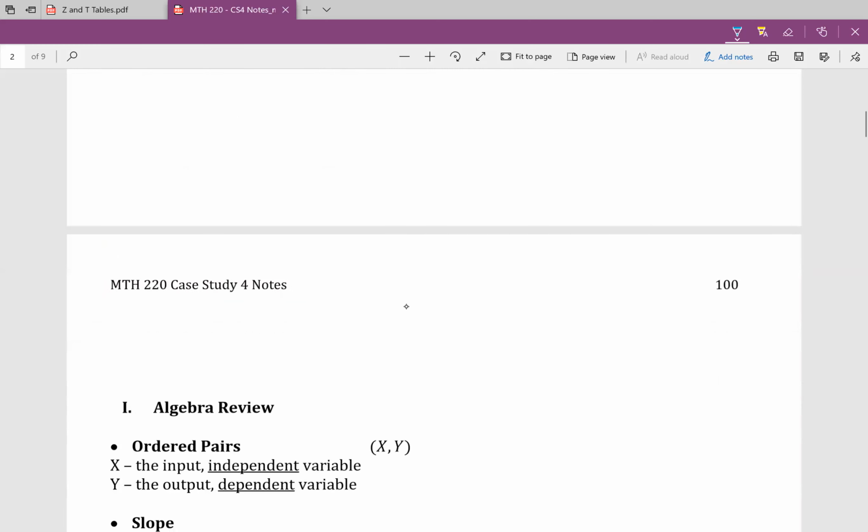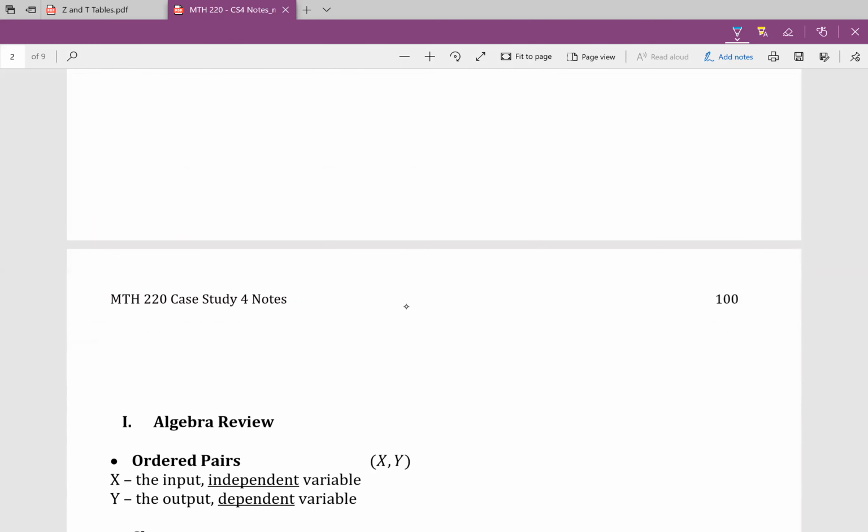First thing about algebra review, ordered pairs. Ordered pairs give you the coordinate on an x and y grid, or x and y axis. x is always the input or the independent variable, and y is always the output, the dependent variable.